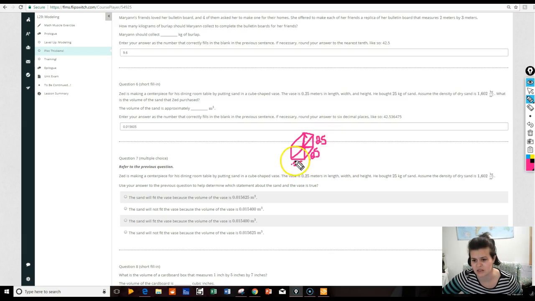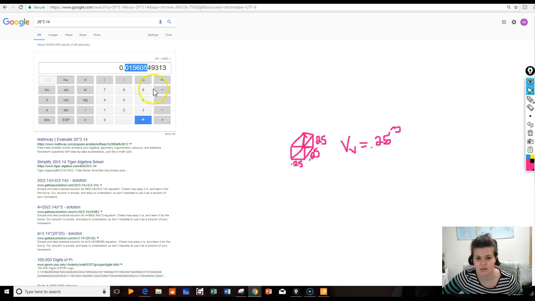So the volume of our vase is going to equal 0.25 cubed, meters cubed. So we come over here, we type in 0.25, x to the y, cubed, it equals 0.015625.